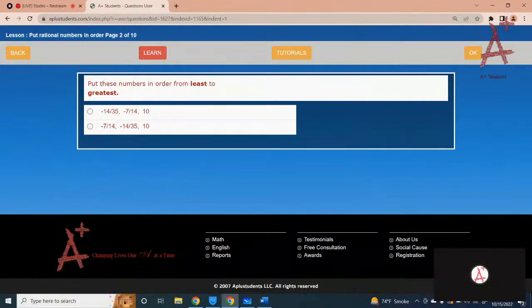Let me just check. 2 over 7, 0.28. 7 over 14, 0.5. So the smallest one is negative 14 over 35. Got it? The first option is the correct one.